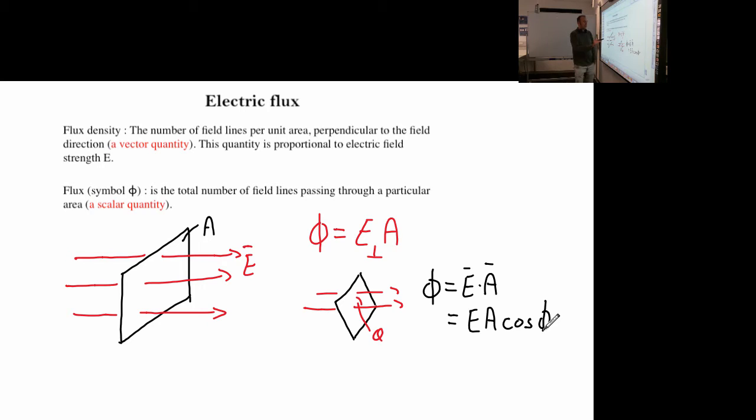Now what we considered here is a flat surface. Suppose we don't have a flat surface, but a round surface, or just a surface which is not uniform over the top of it. Here we have our surface again, and through it we have our field lines.